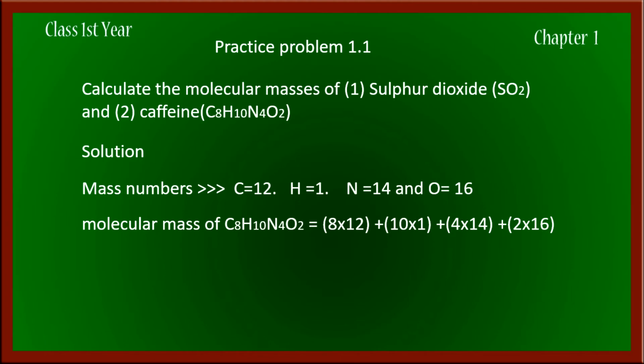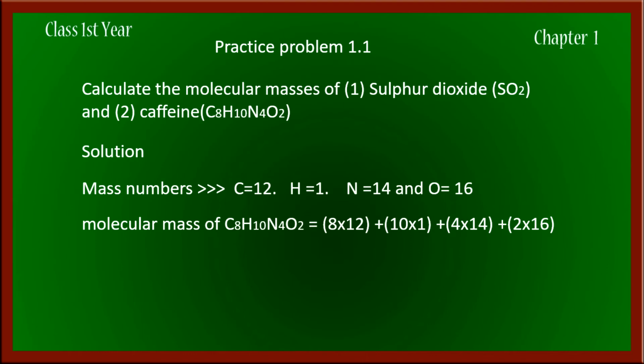So here we multiplied the mass of carbon, which is 12, with 8, because there are 8 atoms of carbon in one molecule of caffeine. Similarly, the mass number of hydrogen, which is 1, is multiplied with 10, because there are 10 atoms of hydrogen in one molecule of caffeine.